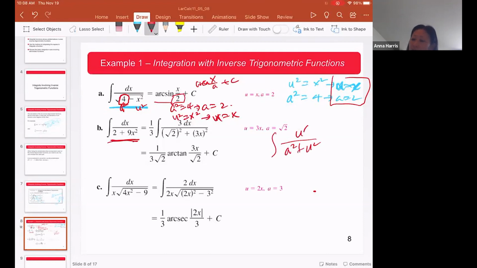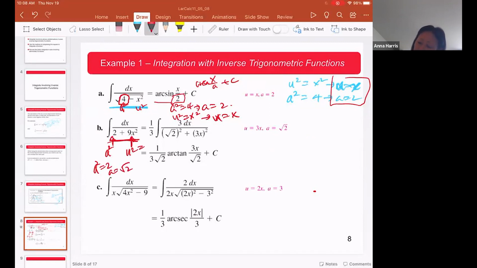By recognizing that, you know this is arctangent. Same thing: this is my a squared, this is my u squared. So a squared is equal to 2, then a has to be equal to the square root of 2.